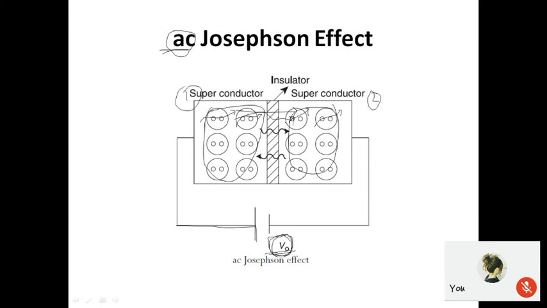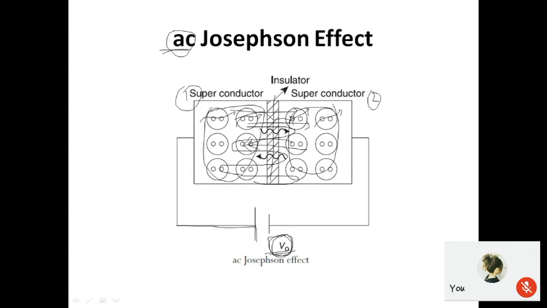At the same time, since the concentration of Cooper pairs at superconductor 2 is then going to be more, again these Cooper pairs will try to cross the insulating layer from superconductor 2 to superconductor 1. That means the mobility of the Cooper pairs will be from left to right, and again from right to left. They will be moving towards the right, and at the same time towards the left also. Therefore, the Cooper pairs will start oscillating between 1 and 2.